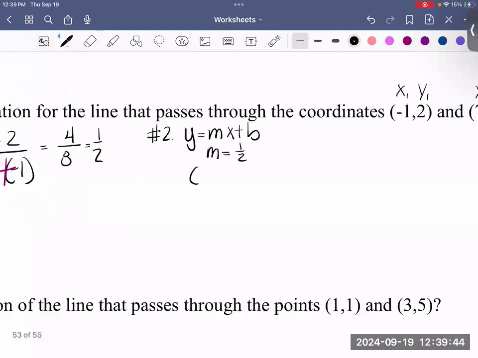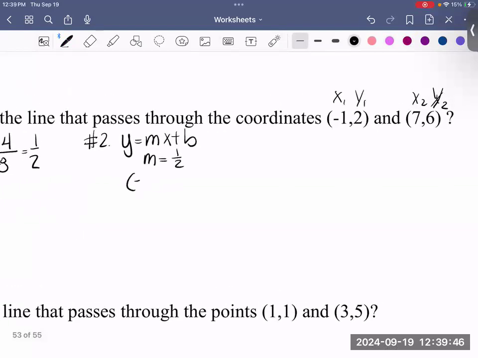Your point, it doesn't matter which point that you choose. I might choose -1 and 2. And we can go ahead and plug these values in. So 2 is equal to 1/2 times -1 plus b. 2 is equal to -1/2 plus b.